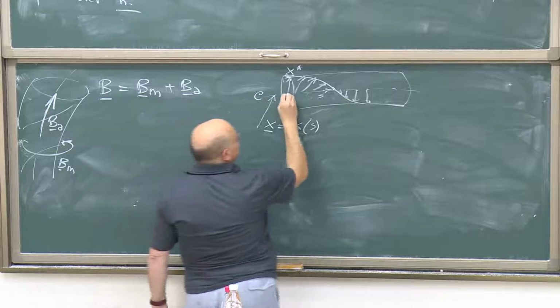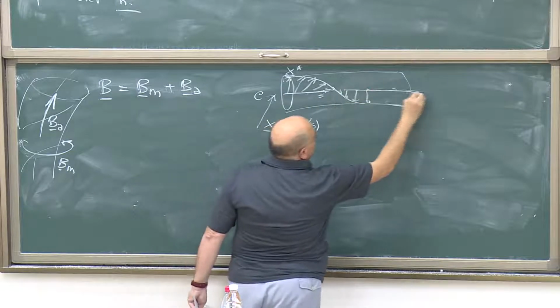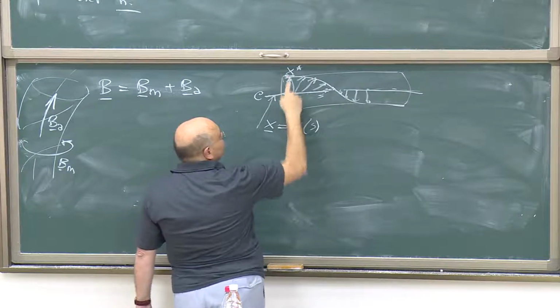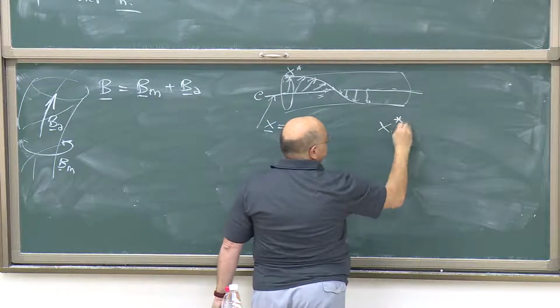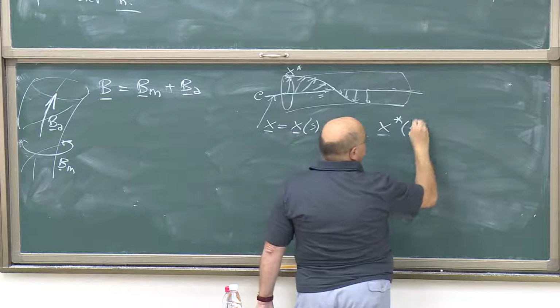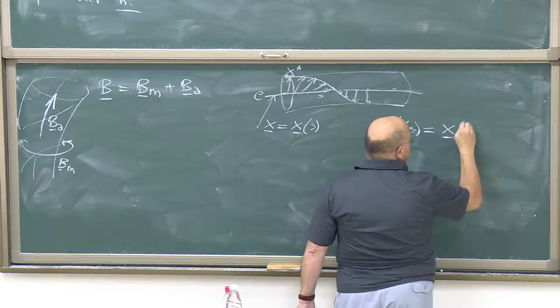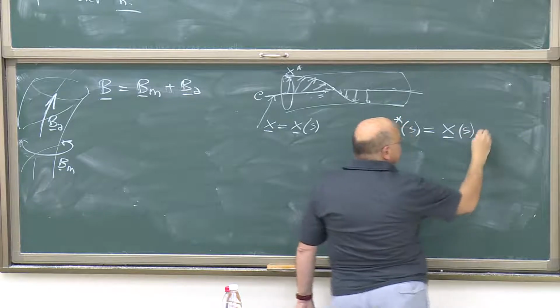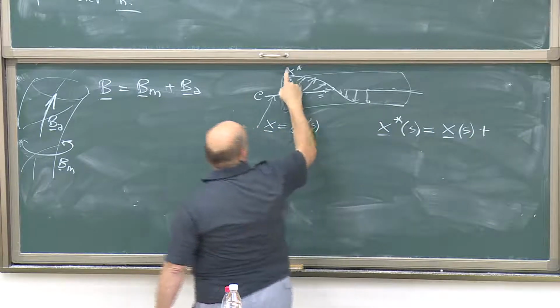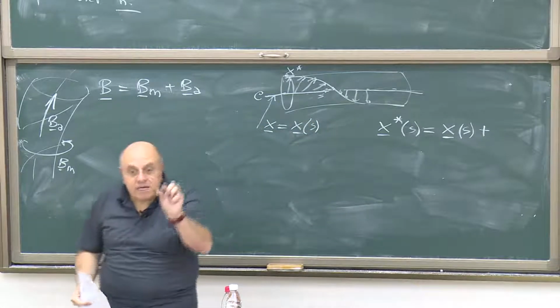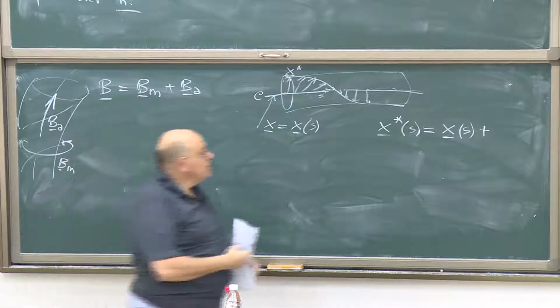So you have a field line here, X, and the second curve, X star. And you think that X star is given by the first, X, plus a distance. It can be the thickness of the tube, or it can be within the tube.